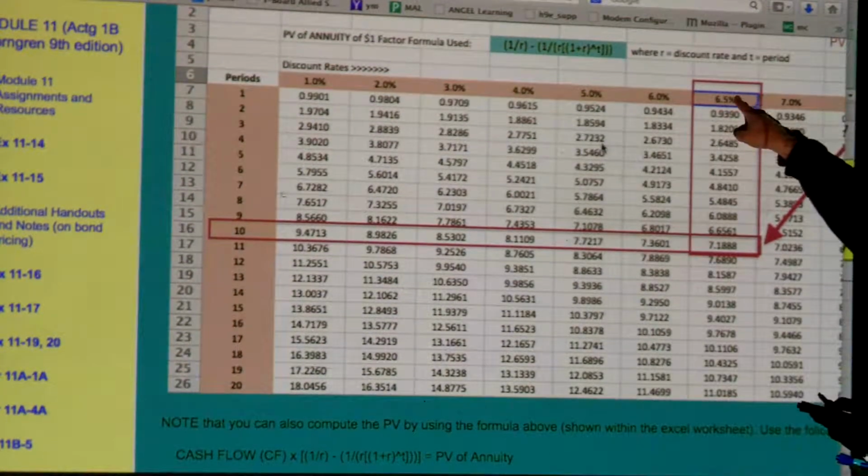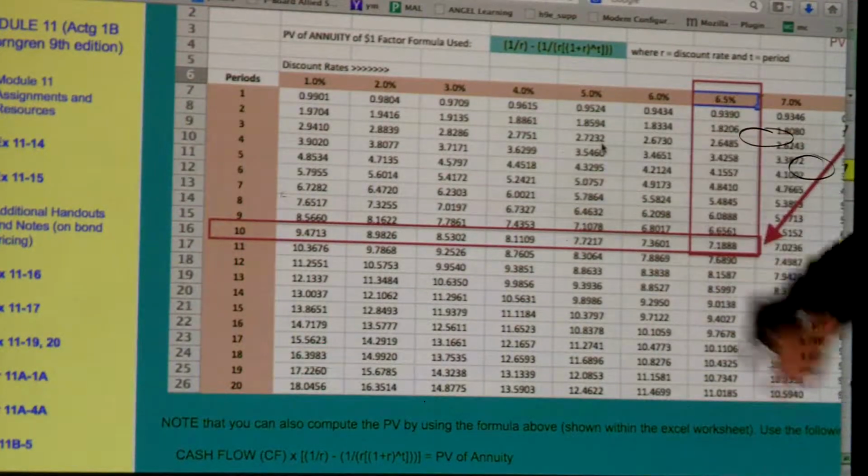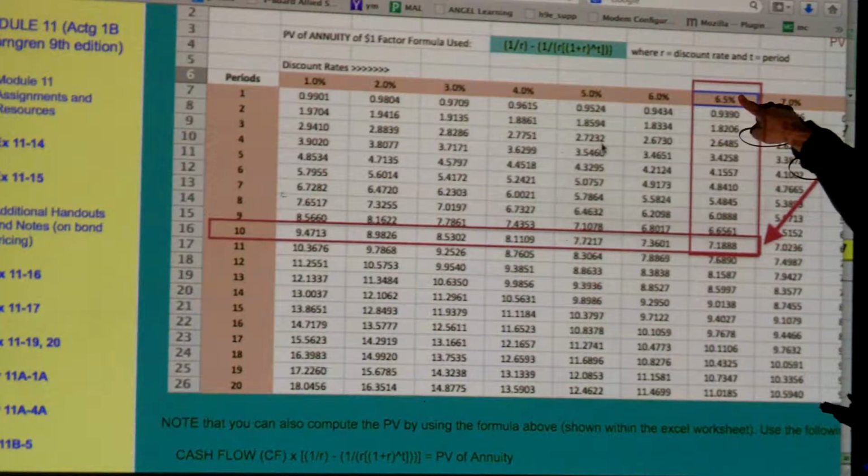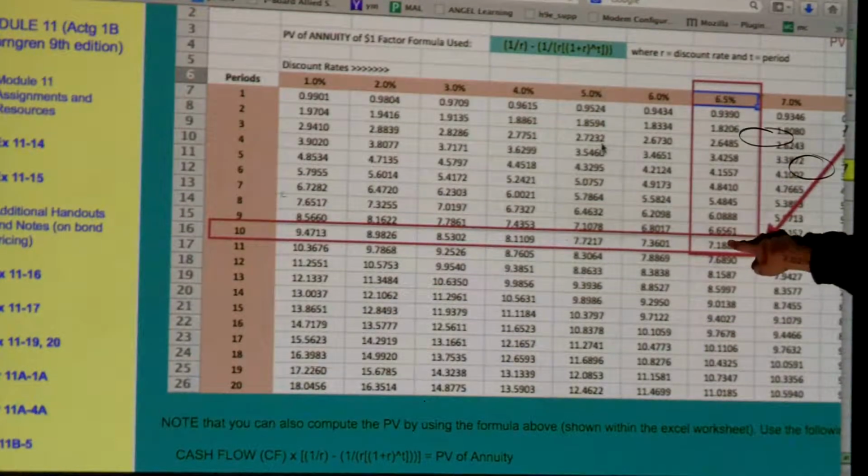That's the reason I'm highlighting this column in this table. So you can go to the 6.5% column and then go down to the number of periods. In this case, as we said before, there are 10 periods or 10 interest payments. When these two columns intersect, that will provide you with the present value factor for that annuity.